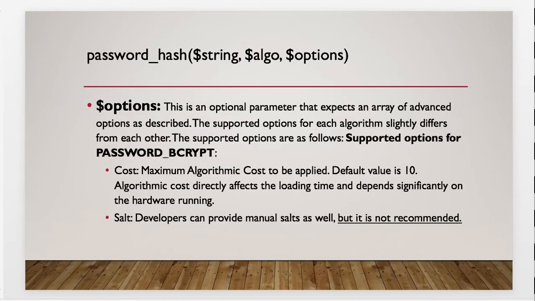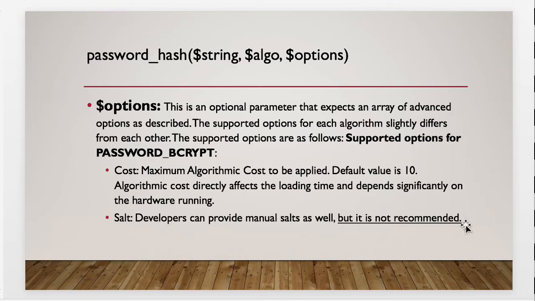The last parameter is the options, which gives you additional features in the function, which are the cost and the salt. This is something that you can manipulate as well. It is not widely used among developers.